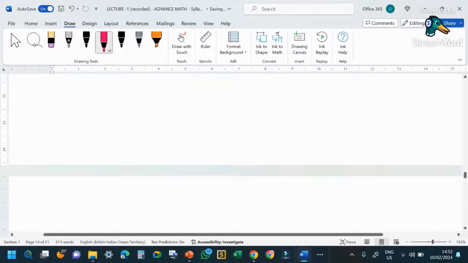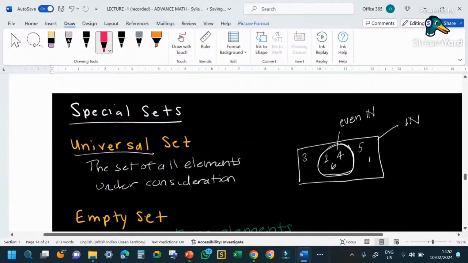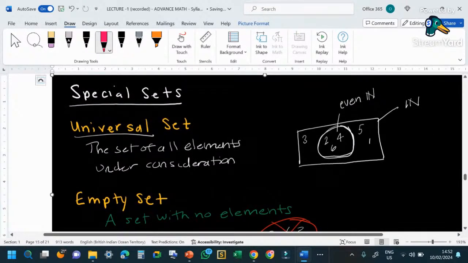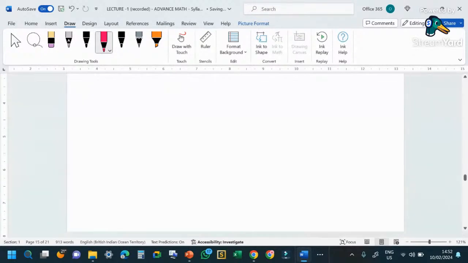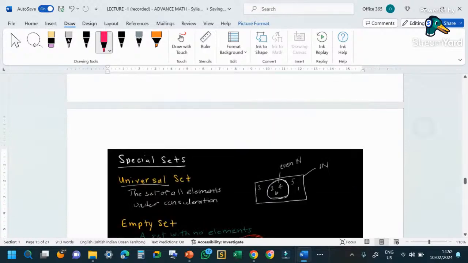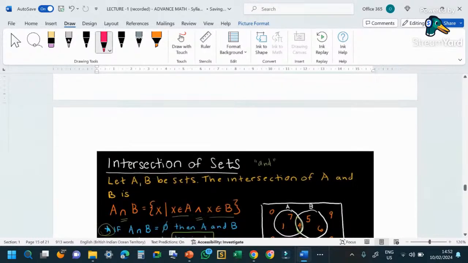And now let's have other vocabularies here. Universal set, what is this?